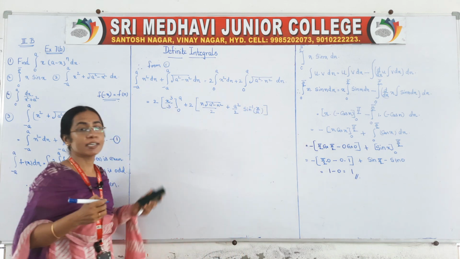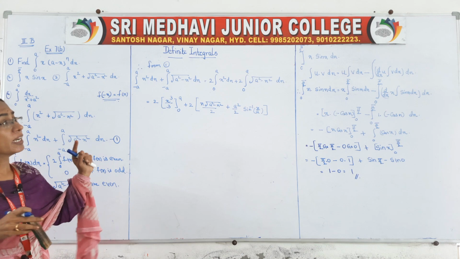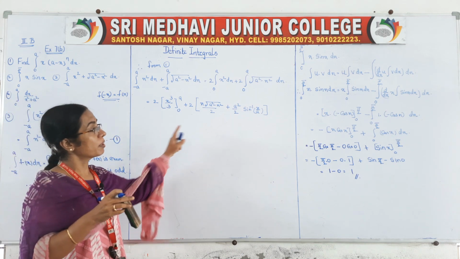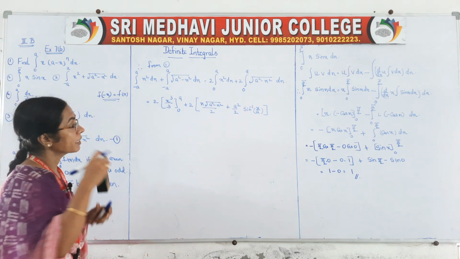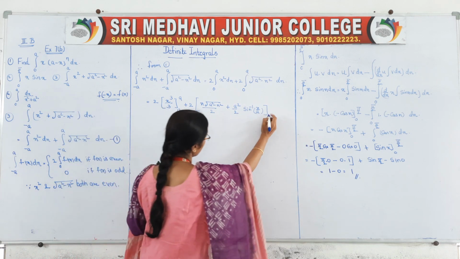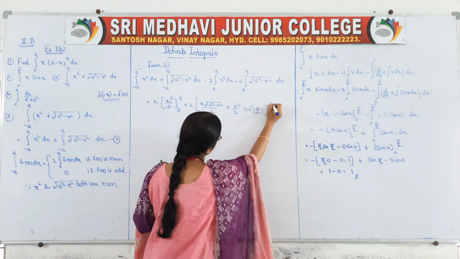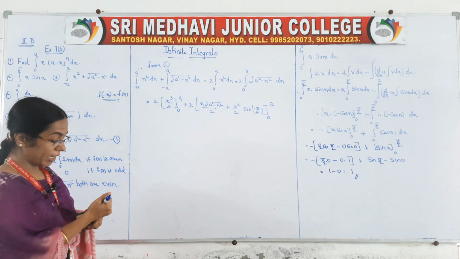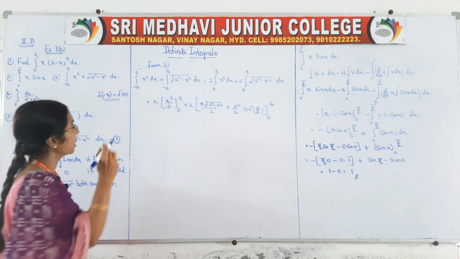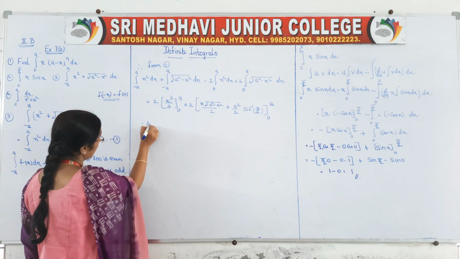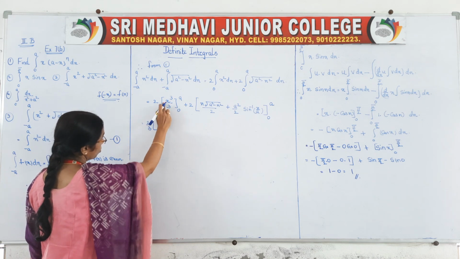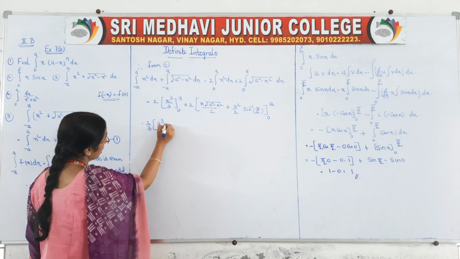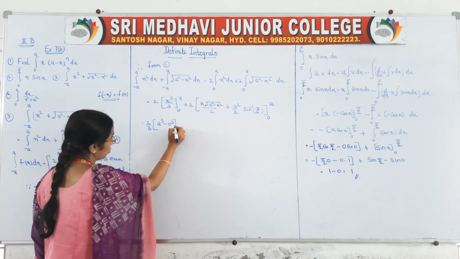It is a very standard formula in integrals: the integral of root of a square minus x square is equal to this formula. Once we have taken the formula, we have to apply the limits on the right side. In x place, first take the upper limit, then the lower limit. So it is a cube minus 0 cube.